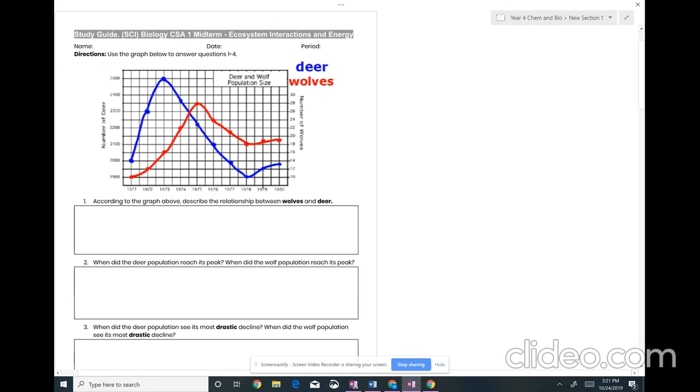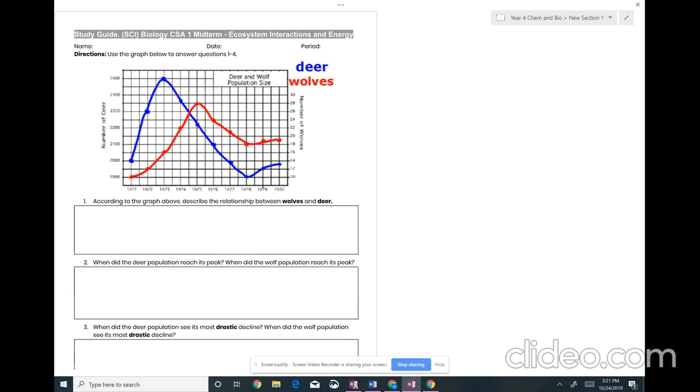So first thing, we're going to be reading this graph. We are going to say, according to the graph above, describe the relationship between wolves and deer. Right, so again, for this stuff, we are looking directly at the data. We're not trying to come up with something on our own, right?